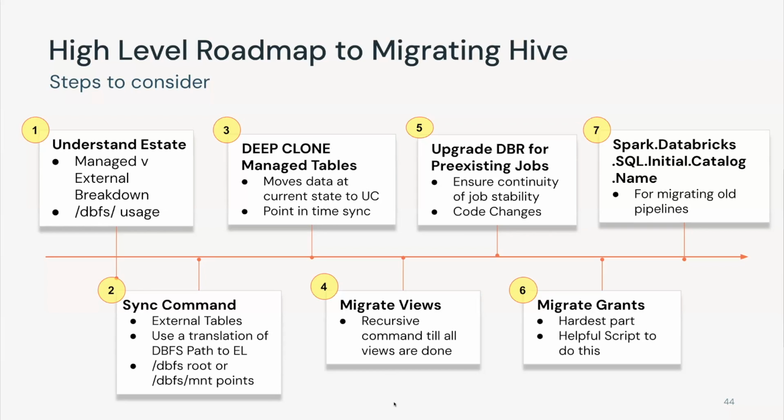And then the Spark Databricks SQL initial catalog name is set on each of those pre-existing jobs, such that they'll be pointing at all of the new tables that you've created in your Unity Catalog workflows. So this ends up being super important, and kind of the final step, because once that's enabled, all of your workflows that you've enabled this setting on are running on UC.